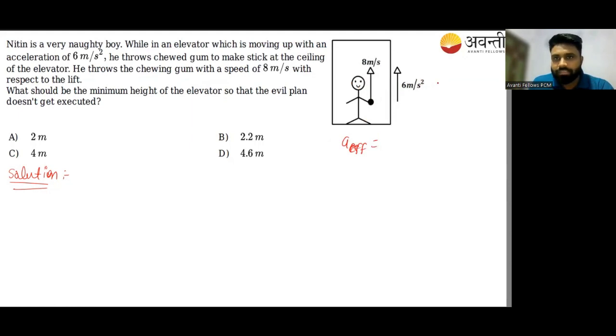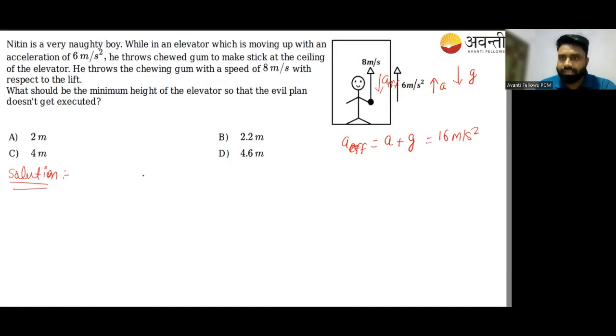This is the acceleration of the lift, A. Now the gravitational acceleration is acting downward, so it is A plus G. Both vectors are opposite in direction, so they will add up, and the net effective acceleration on the chewing gum will be in the downward direction. So it is 16 meter per second square, because A is 6 and G is 10.